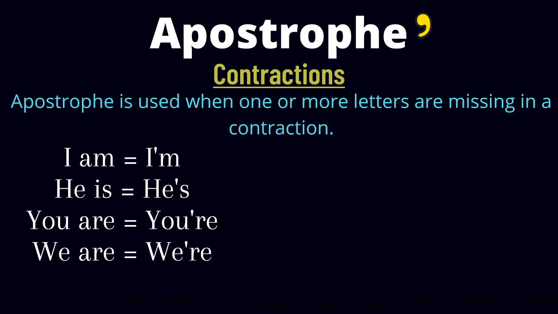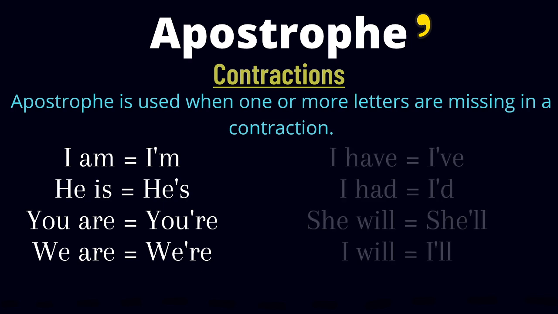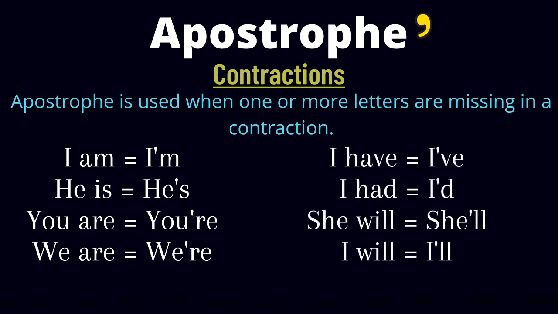You are, you're. The A got omitted, and in place of that, an apostrophe is used. We are, we're. I have, I've. HA got omitted, and in place of that, an apostrophe is used.